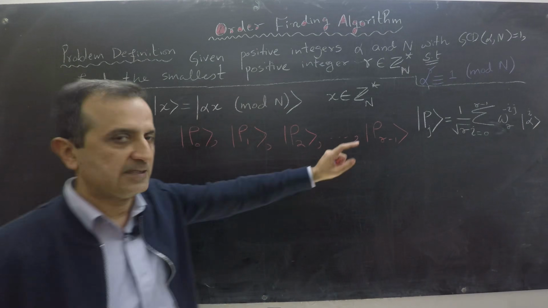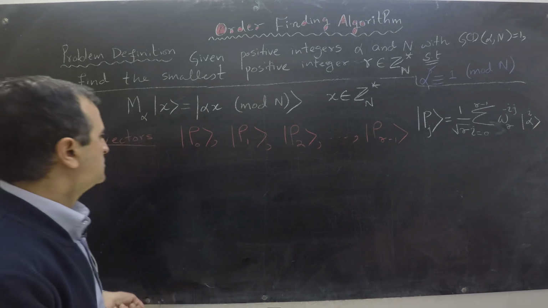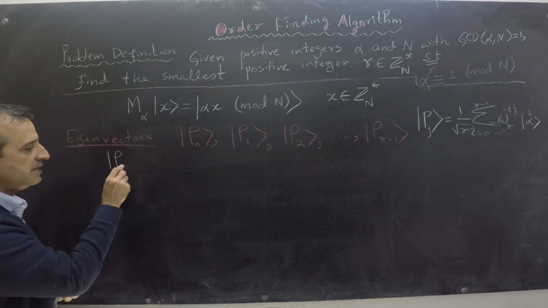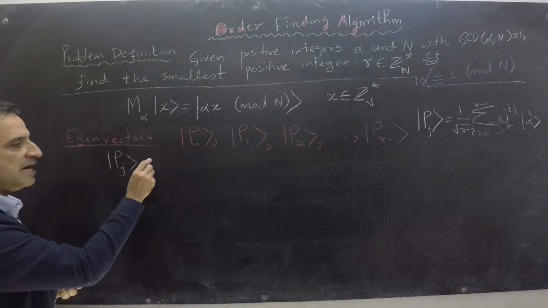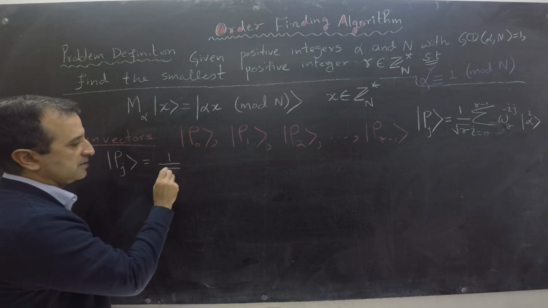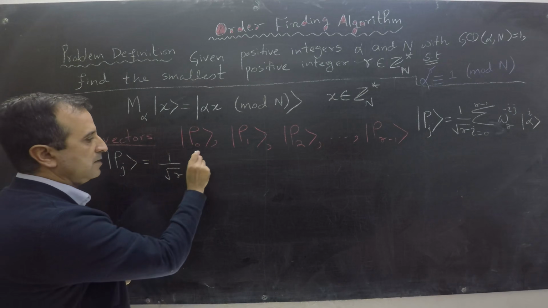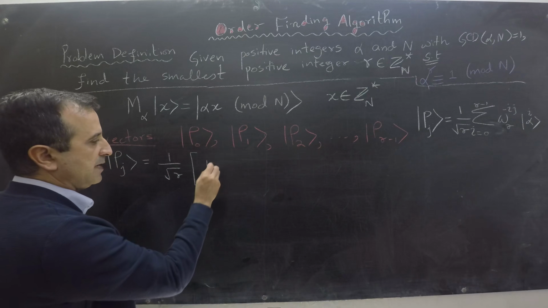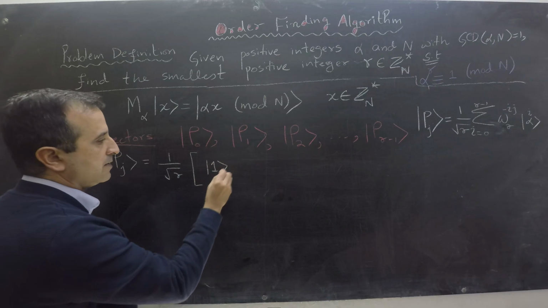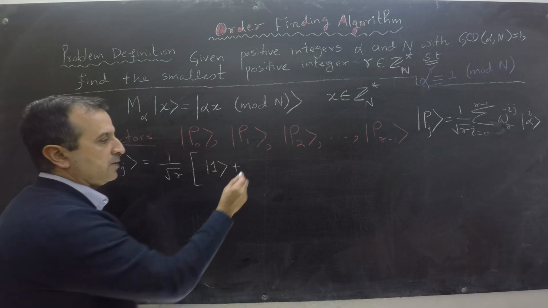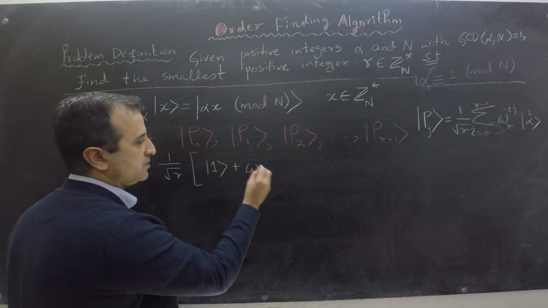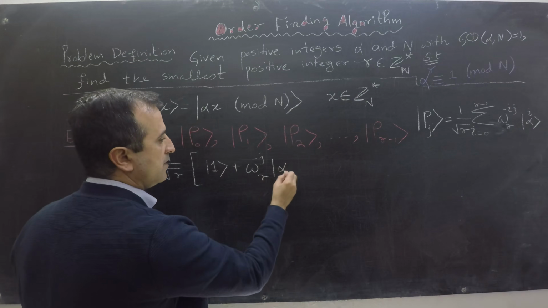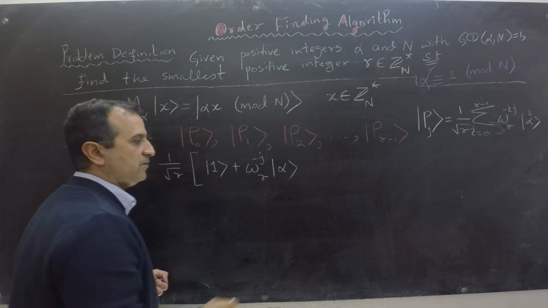I can expand this definition for clarity. So now let's write my rho j in expanded form. It will be equal to 1 over square root of r. The first term according to the summation will be ket 1. The second term will be omega r raised to power minus j times alpha, ket alpha.